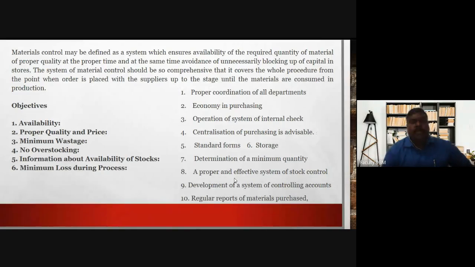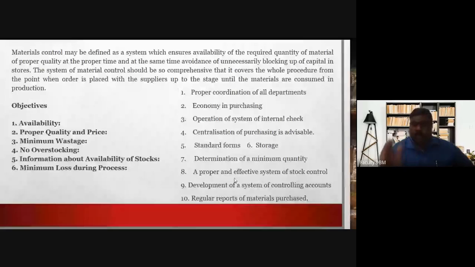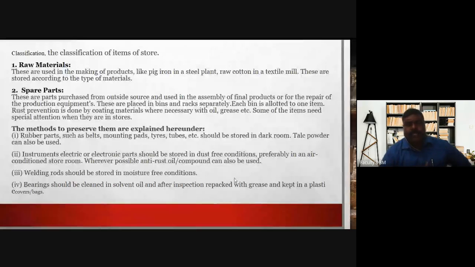Material control means ensuring the availability of the required quantity of material, of proper quality, at the proper time, and at the same time avoiding unnecessary blocking. After controlling the materials, we have to go for classification of materials. In this classification, we have two types, raw material and spare parts, and we have many methods for preserving these spare parts.